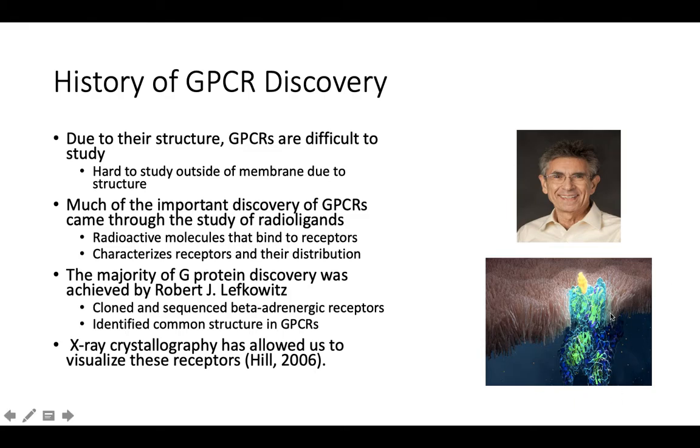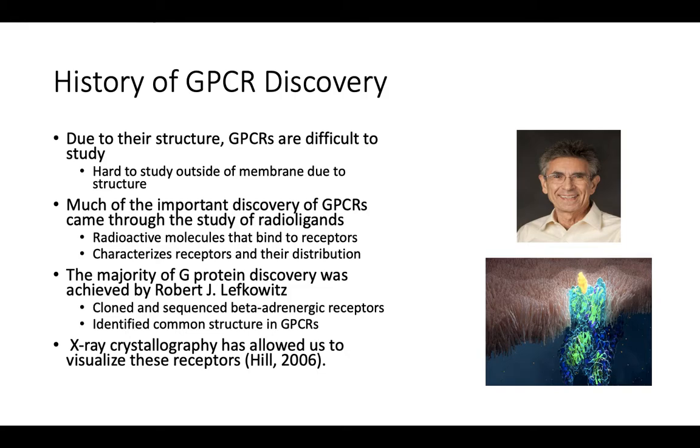It's just a bunch of alpha helices. Those alpha helices are stable on their own, but the way they're configured within the G protein receptor, they're just loosely put together. It was very difficult to isolate them because outside of the cell membrane they were put in, they would just fall apart.